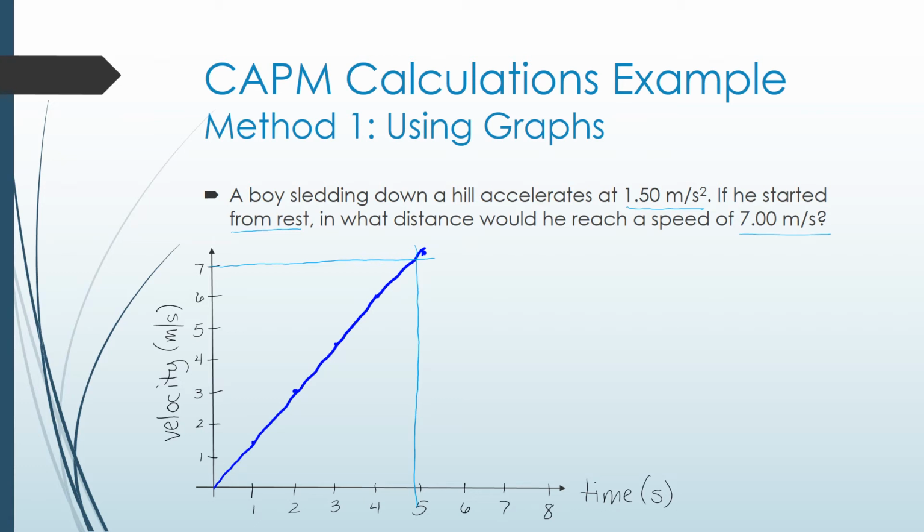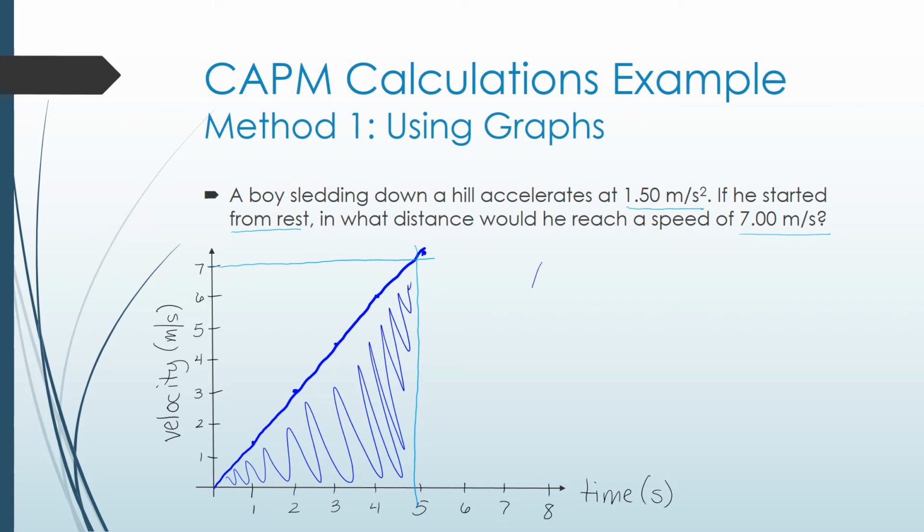Now, it says at what distance would he reach that speed? Now, when we're moving in a straight line, distance is the same thing as displacement. And we learned that displacement is the area between a graph and the horizontal axis. In other words, what I'm looking for here is the area of this region that I'm shading in right now. It's a triangle.